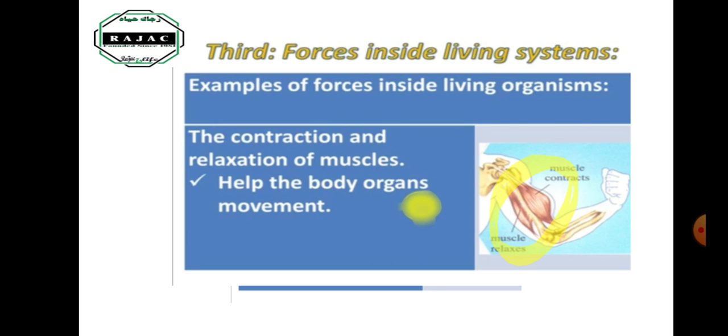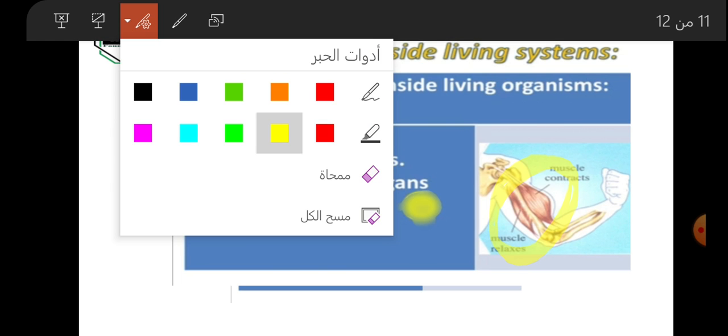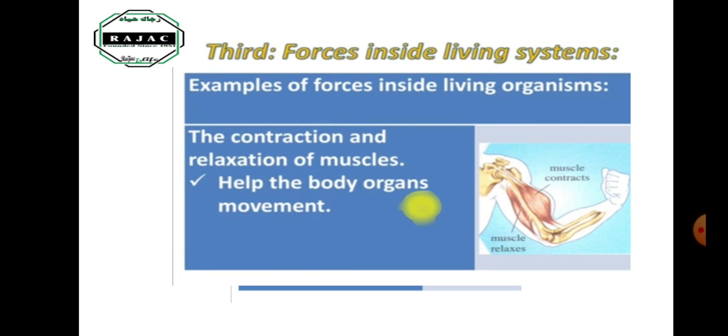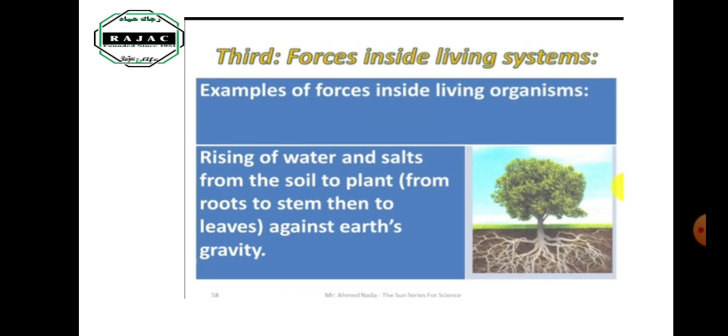Number three, let's talk about the third example, the force inside the green plants. As we said before in 6th primary, and in 5th and 4th primary also, the roots of the plants can absorb water and salts from the soil to make their own food, or to make the photosynthesis process.